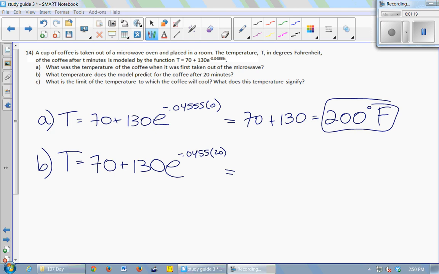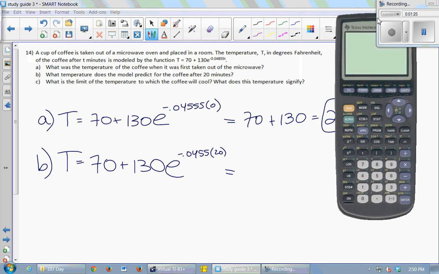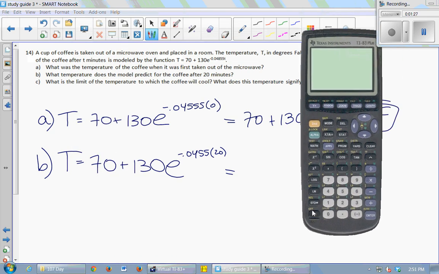And I'll have to use my calculator for this one. 70 plus 130 e to the negative 0.04555 times 20. 122 degrees approximately.